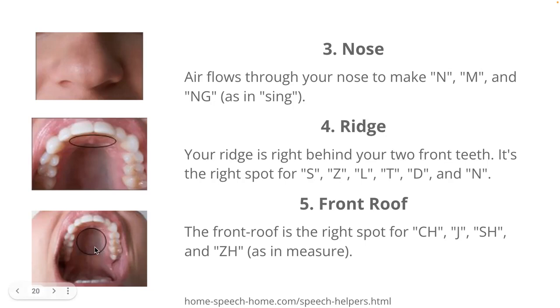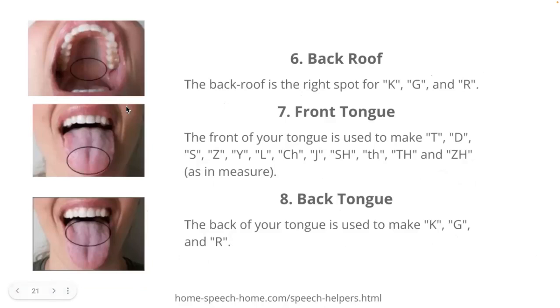The front roof of your mouth, a little bit farther back from that ridge, is where we make the ch, j, sh, and zh sounds. And the back roof, way in the back of your mouth, is where you can feel the k, g, r sounds. The front of your tongue makes the t, d, s, z, all of these sounds. And the back of your tongue is used to make the k, g, and r sounds.